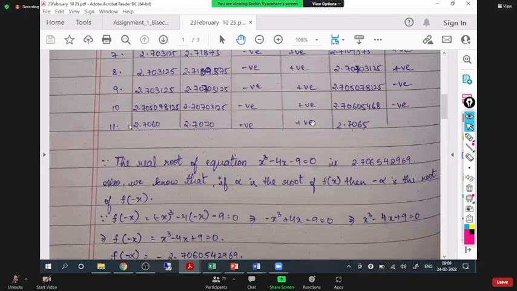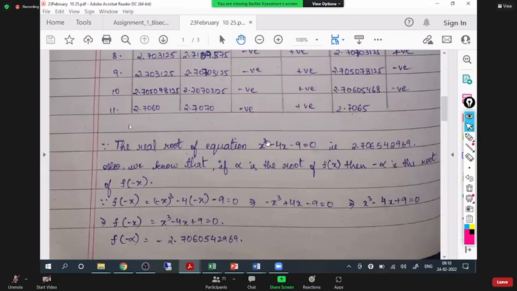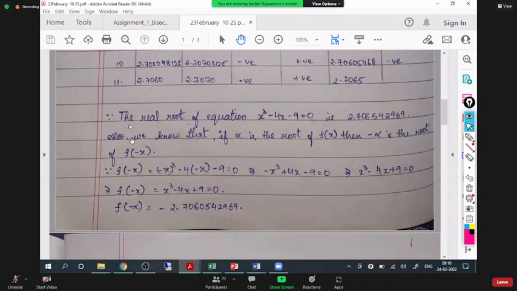Now to get the negative root. I'm surprised that you are getting these answers. Very good, it is just like the self-study you've done. If alpha is a root of f of x, then minus alpha is a root of f of minus x. That is a property, and if you know this property, then you can quickly write the answer.